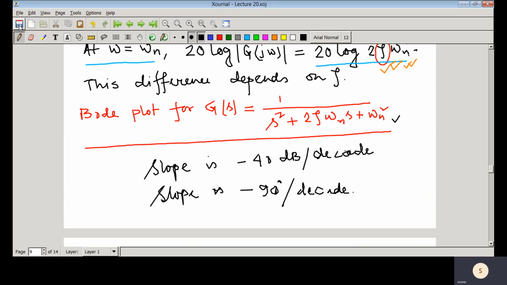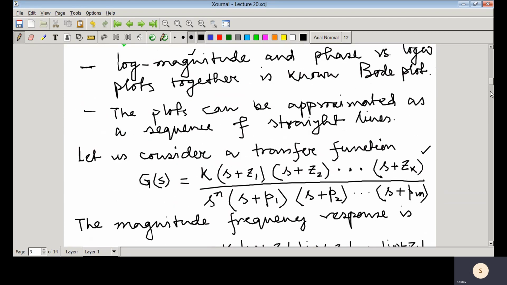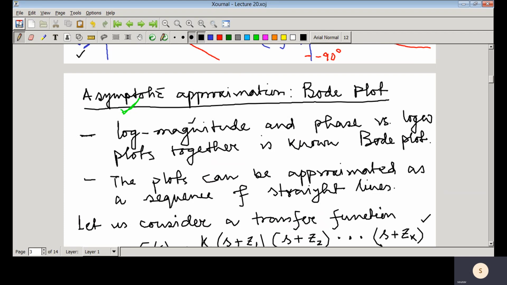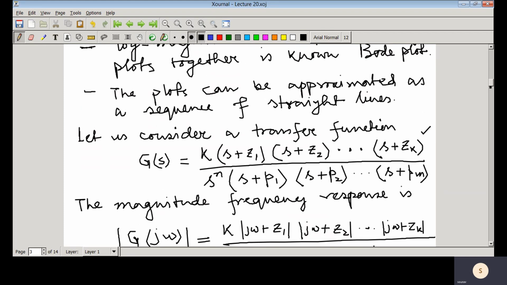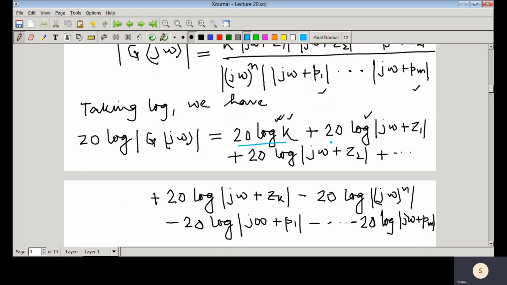Let us review what we have seen. We are trying to understand the asymptotic approximation, that is the Bode plot of gain and phase. Whenever the loop transfer function is given in this pole zero form and we take the log magnitude, it is the sum of all the gain and zero terms minus all the pole terms.